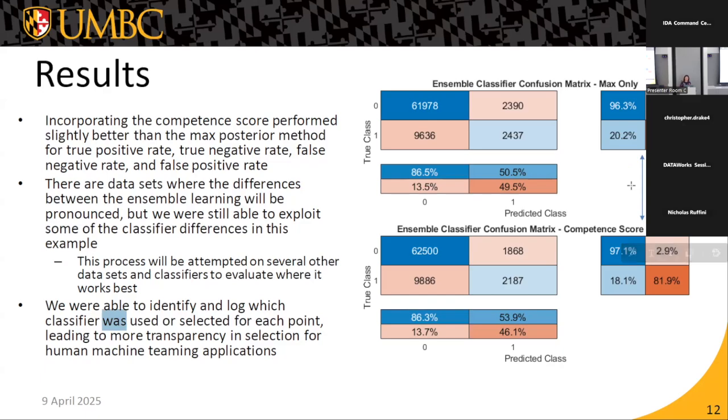One of the things I'm doing now is looking at other data sets, such as the more classic ones like Fisher Iris, to show where we can get even more drastic differences in performance.